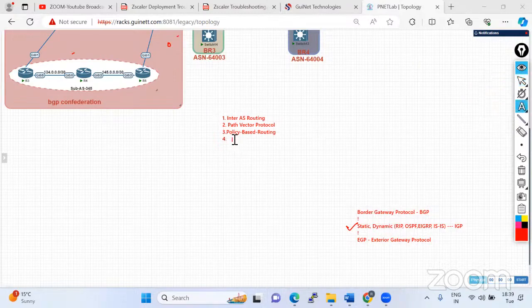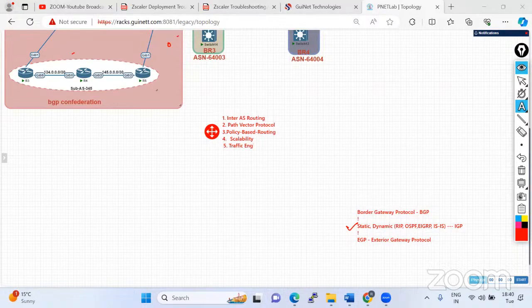So that also gives scalability, which is very important. This was the main key thing why BGP is very popular. Let me put it here. So scalability is there. And now traffic engineering. So what is traffic engineering?